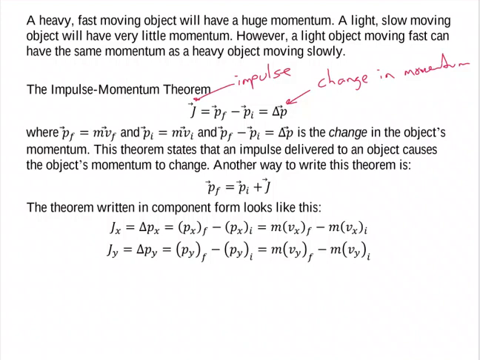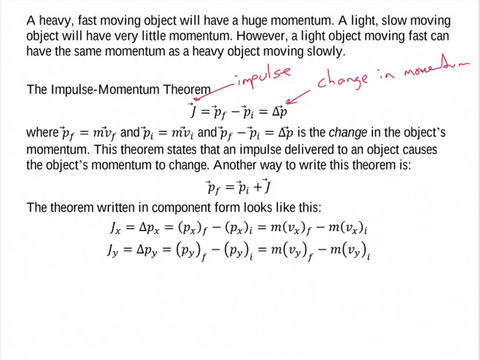So P sub F equals m V F, and P sub I is m V I, and P sub F minus P sub I is delta P. That's the change in the object's momentum. So basically what we're saying here is the impulse that's delivered to an object causes the object's momentum to change.